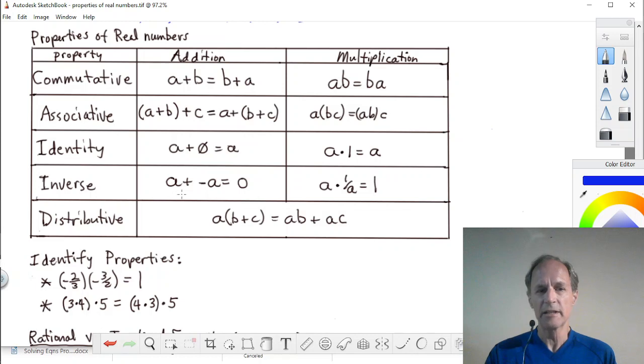Inverse property just says there is an inverse for any real number. That when you add a number to its inverse, you get 0. You get that identity element. I wrote my zeros differently, so I'll try to fix that.